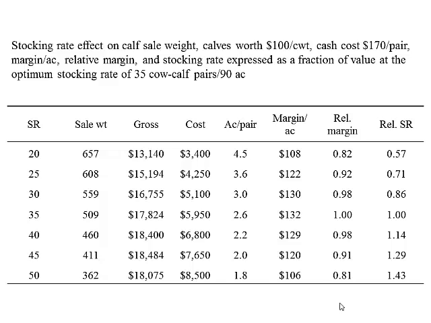Okay, I need to move more quickly. You have this example in your handout. It's a cow-calf example showing the value of calves per acre per year. And if you study the table, what you see is you maximize calf gain per acre at, this is cow-calf pairs now, at something like 40.